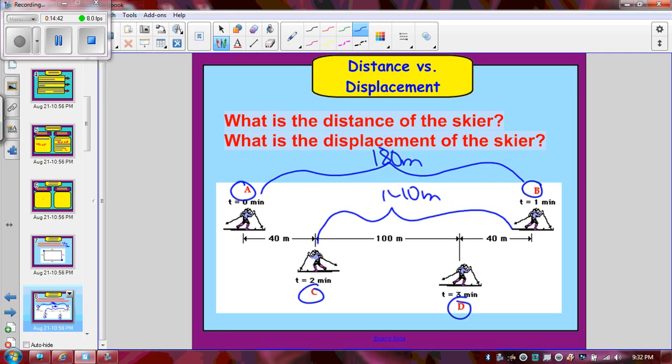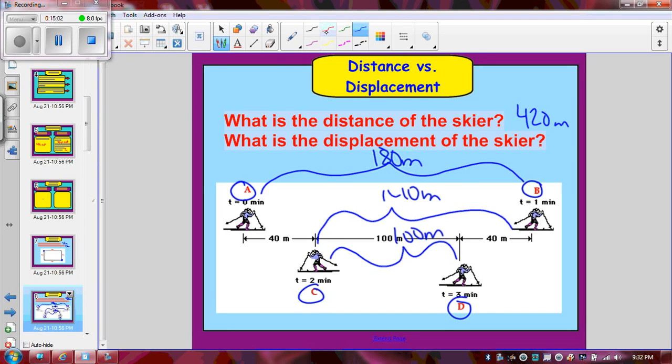And finally, the skier goes from spot C to spot D, which is 100 meters. So if you add all of that up, the total distance, or amount of ground covered by the skier, ends up being 420 meters.